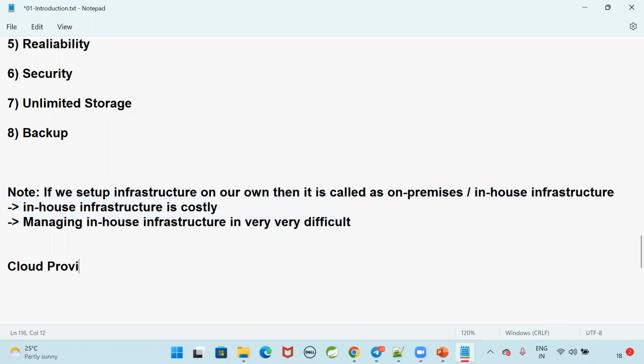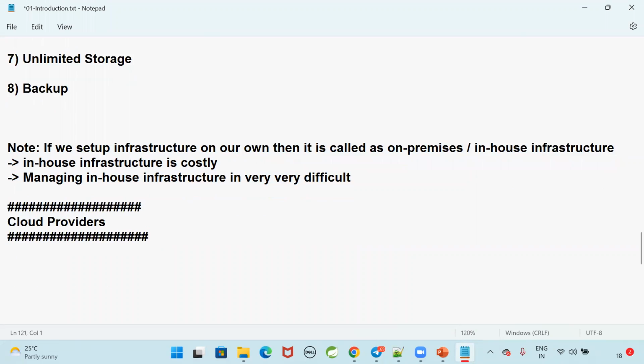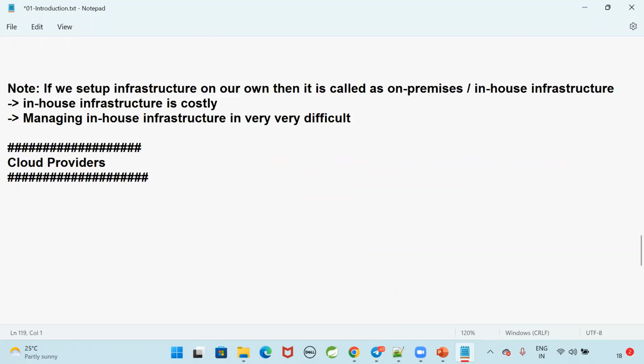There are several cloud providers available in the market. It is not about only one cloud, guys. Who are those?